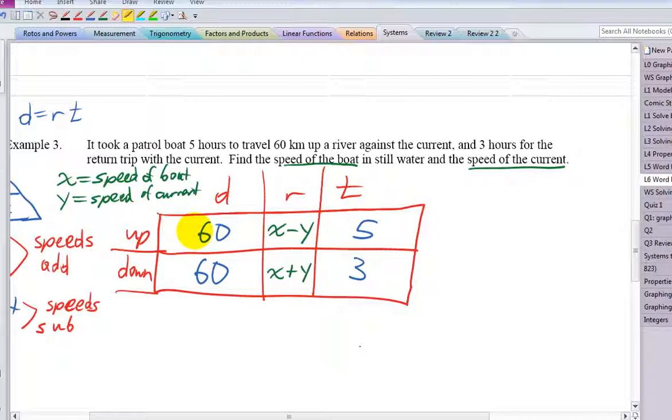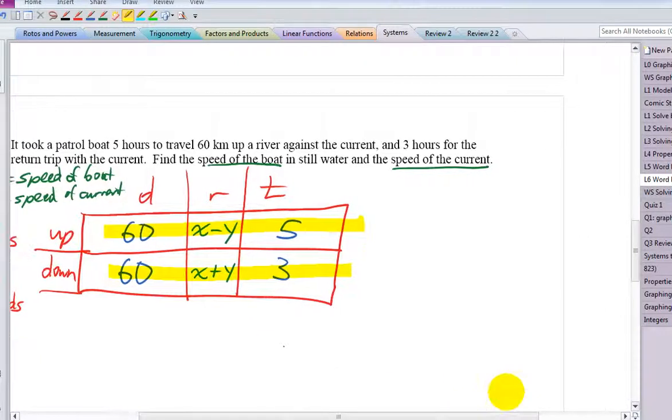So when you're going up the river, you have x and y in the same line. And when you're going down the river, you have x and y in the same line. Therefore, those are your two equations. The one equation is distance, d equals rate times time.